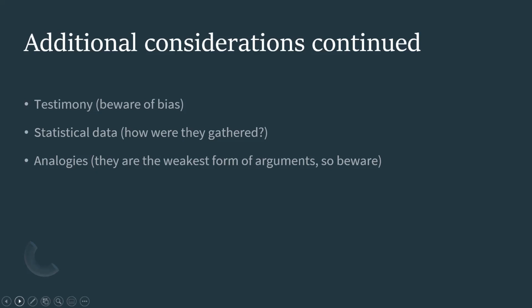Analogies, a lot of people like analogies in arguments, but let's be very clear. Analogies tend to be the weakest form of argument, so be aware when you use one. It's okay if you use an analogy, but make sure that it is not the only kind of evidence you're giving, because analogies are always comparing one thing to another thing. And there are always relevant dissimilarities between the two things that are being compared.